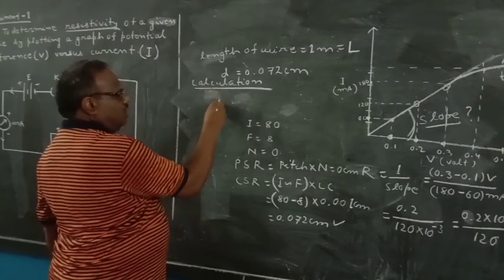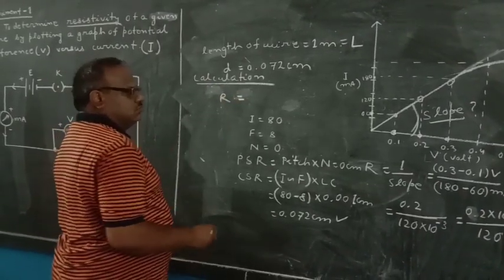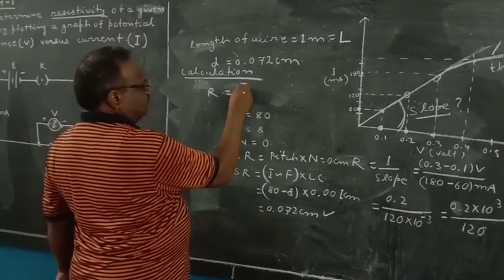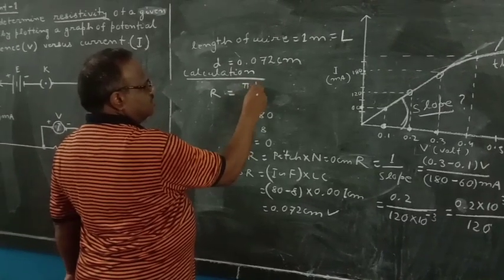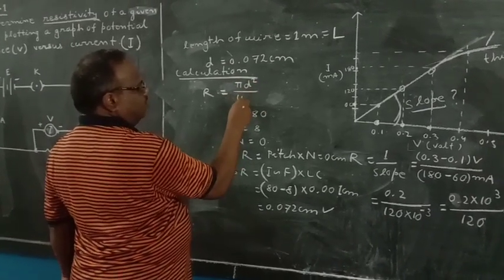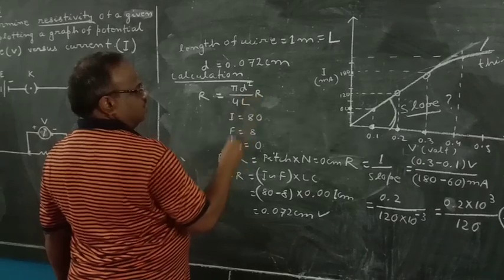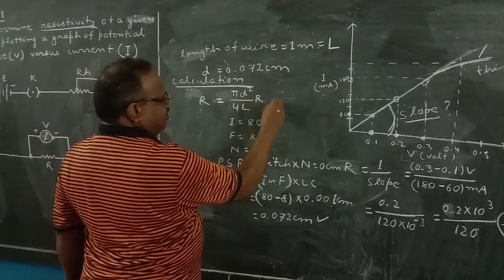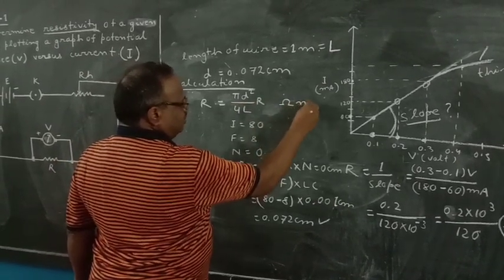You put the formula: resistivity rho equals pi d square divided by 4L into R. You calculate it and it will come in ohm meter.